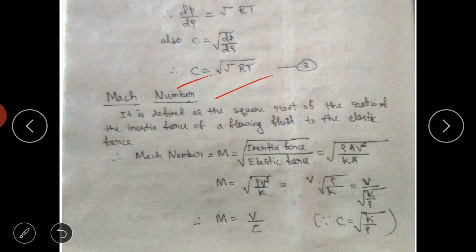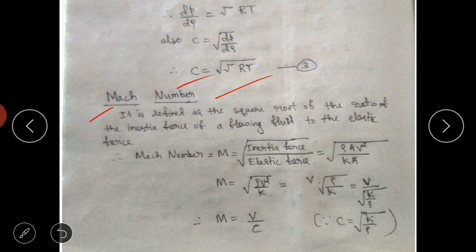Next, Mach number. All of us know that Mach number is a ratio, and we have already studied it many times. It is the velocity of the moving object divided by the velocity of sound. Usually, in many cases, the velocity of the object is less compared to the velocity of sound.